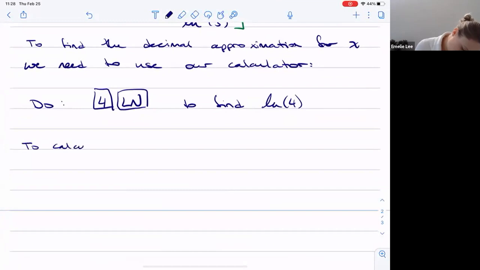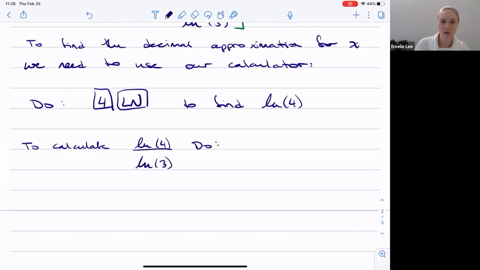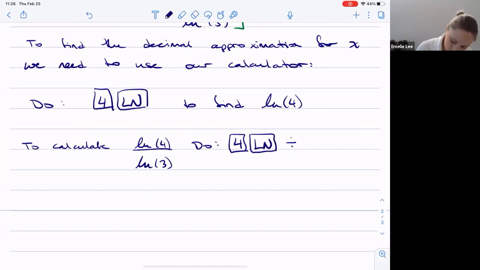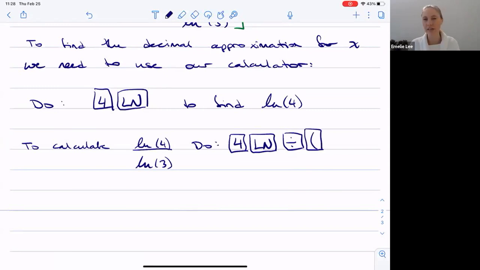So to calculate the log of 4 divided by the log of 3, what you're going to do is you're going to have the 4 on the screen, and then hit the ln button, then hit the division button, and just to be careful, I'm going to throw brackets around here. I don't think you need them.